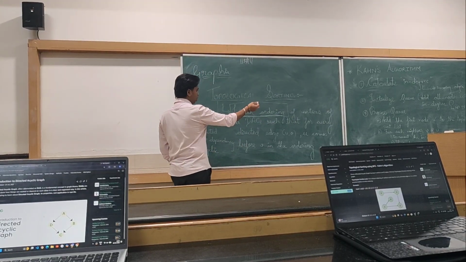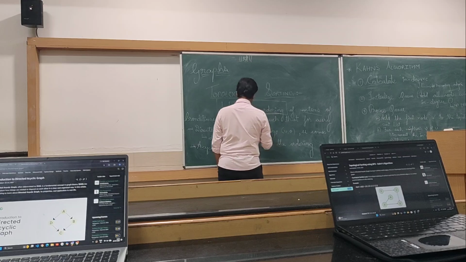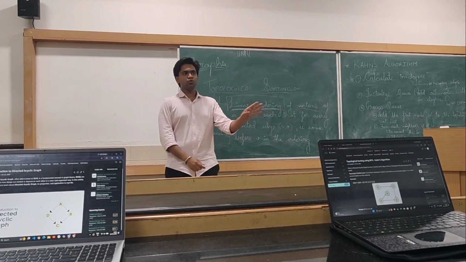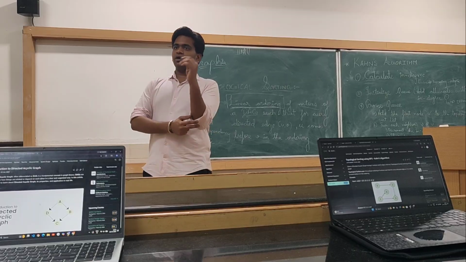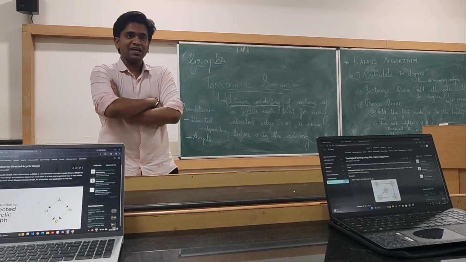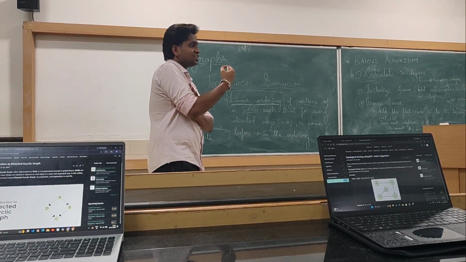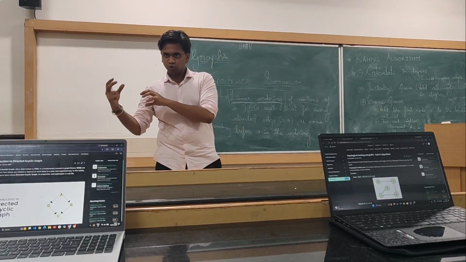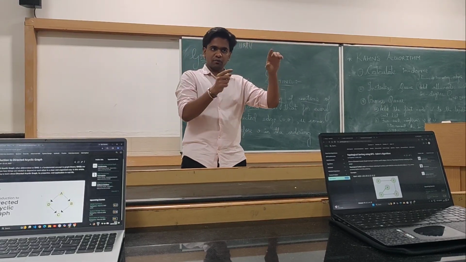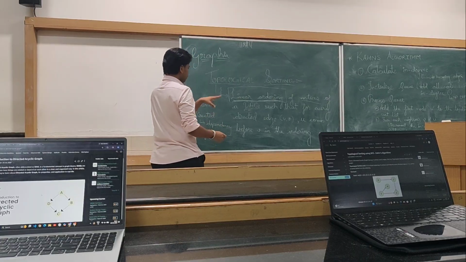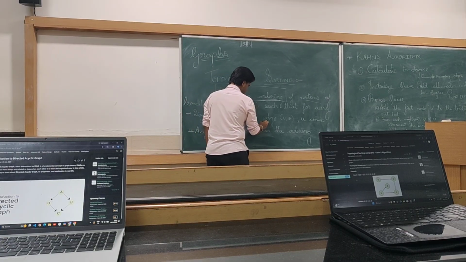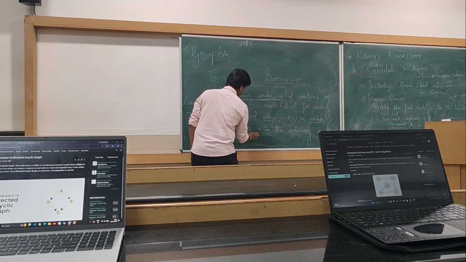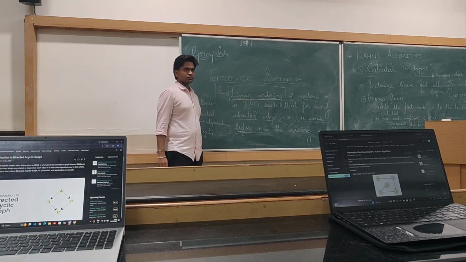So linear ordering of vertices of a DAG such that for every directed edge u comma v, matlab edge is starting from u going to v. U से start होके V तक point कर रहा है वो, right? So for every directed edge U comma V, U comes before V in the ordering.